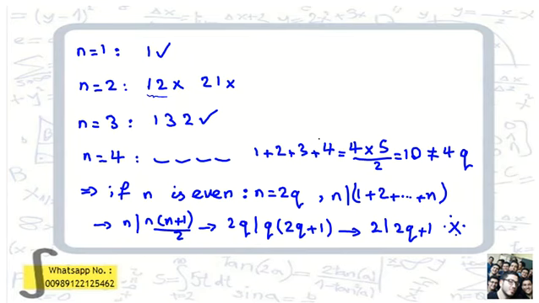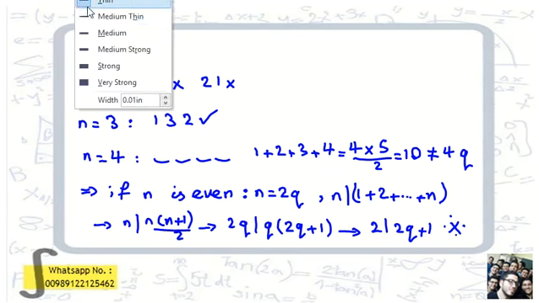So let's check. If n is even, so n equals 2q. n must divide the sum 1 plus 2 up to n when k equals n in the problem. So n must divide n times (n plus 1) over 2. If you replace n with 2q, 2q must divide 2q over 2, which is q, times (2q plus 1).